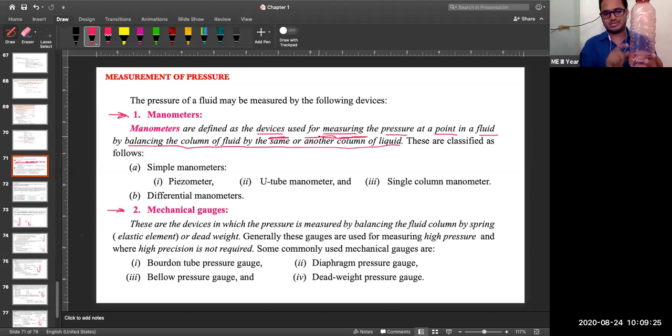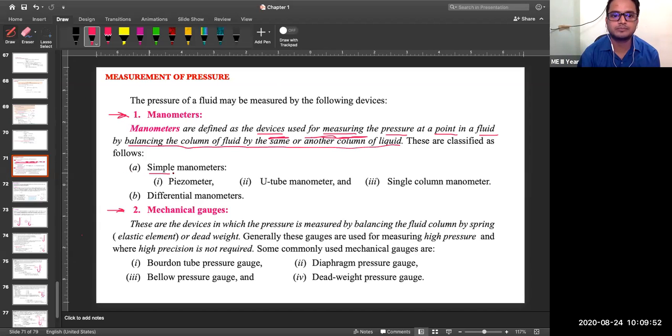For this case, same liquid will be there. Suppose in any case, I have filled some other liquid in this glass tube, heavier than the liquid present in this bottle. In that situation, this another column of liquid comes into the picture. So I hope you are now clear with the definition of manometer. Now let's see what are the different types of manometers.